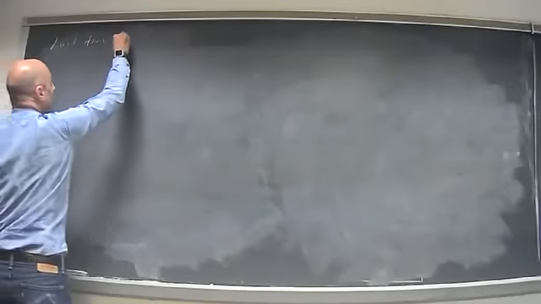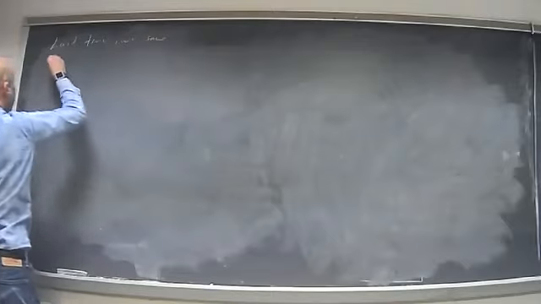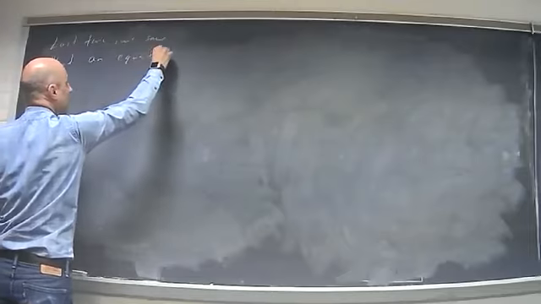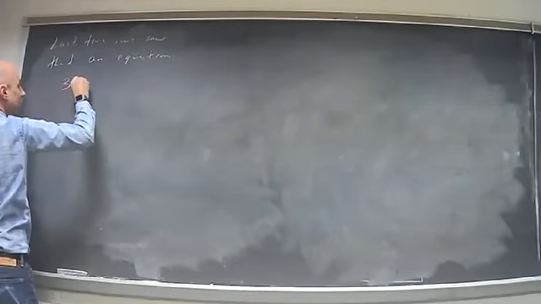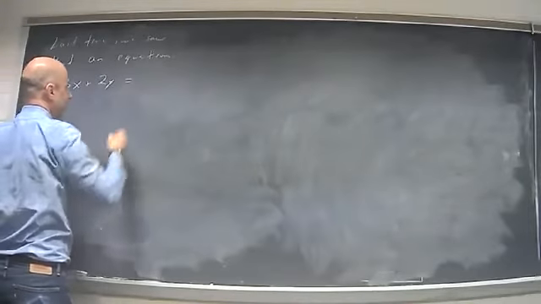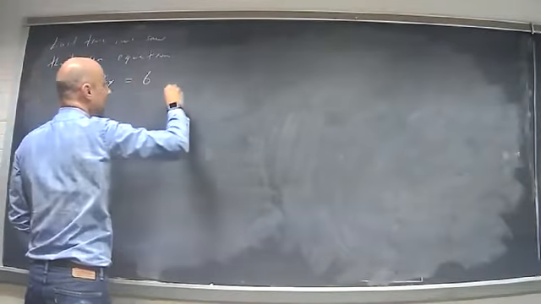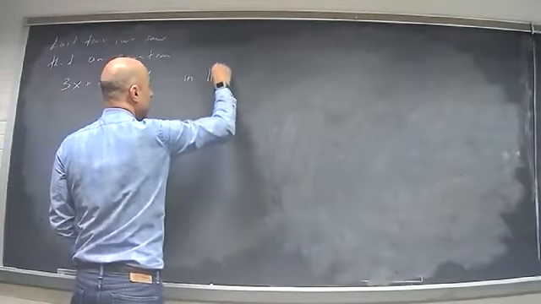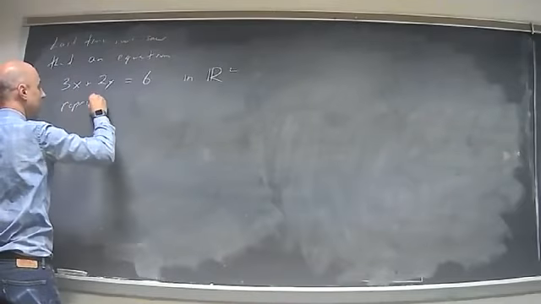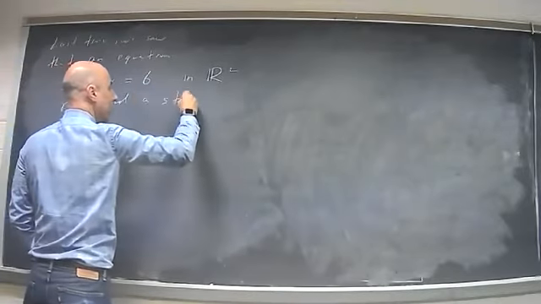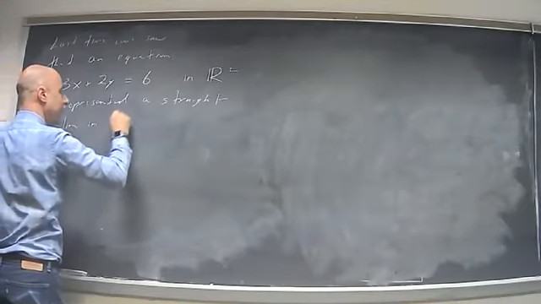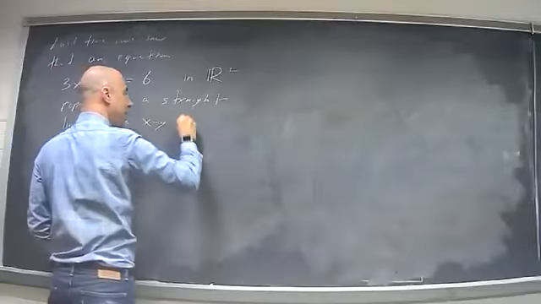The last time, we saw that, say, an equation 3x plus 2y equals, well, let's make it 6, in R2 represents a straight line in the xy plane.